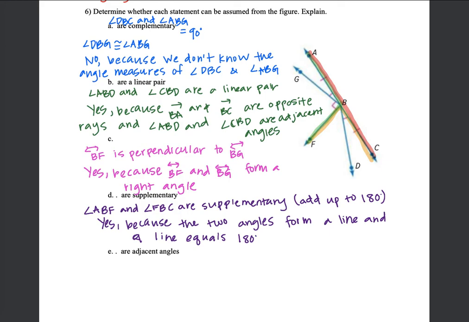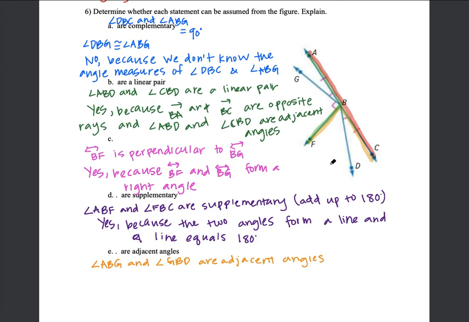Okay, different color, orange. Now we're checking to see if angle ABG and angle GBD are adjacent angles. So are they adjacent? Remember, adjacent means right next to.